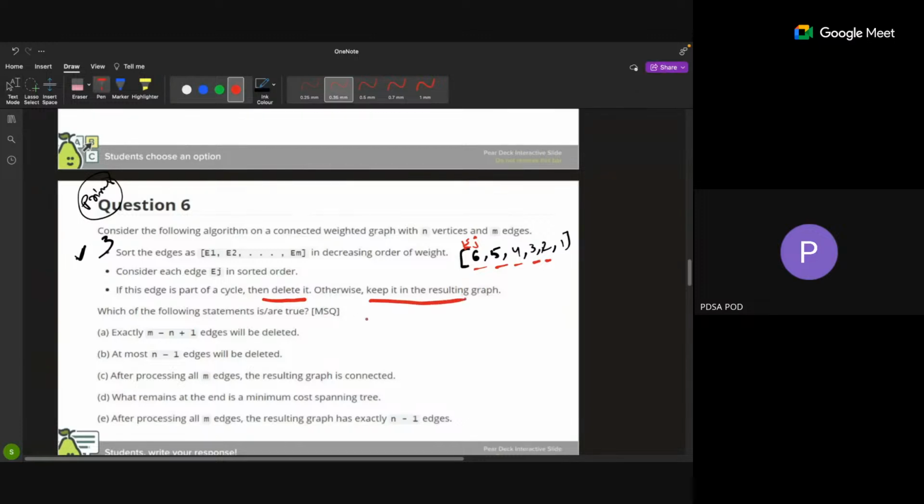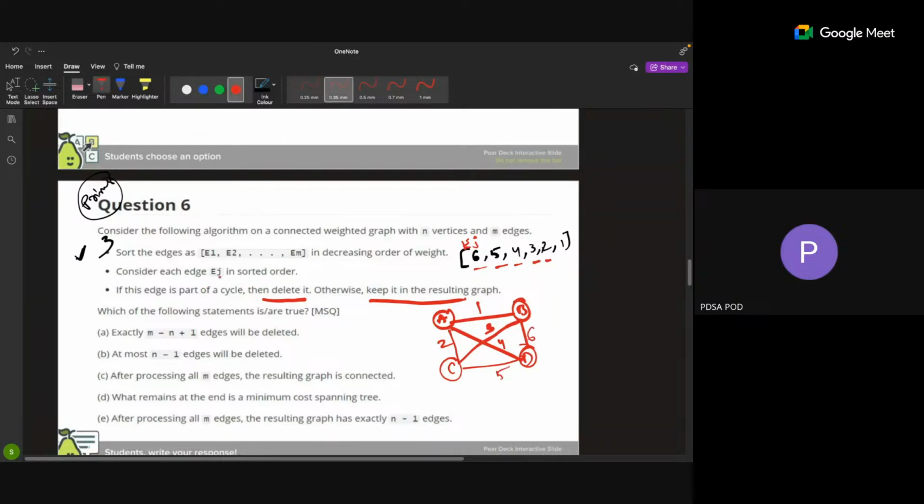Now let us consider the same example with whatever 6 edges are there, A, B, C, D. This is 1, 2, 3, 4, 5, and 6.